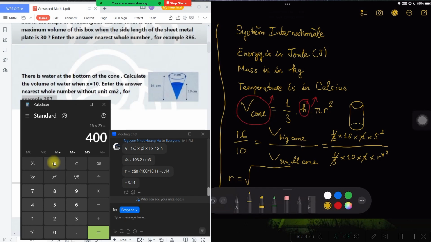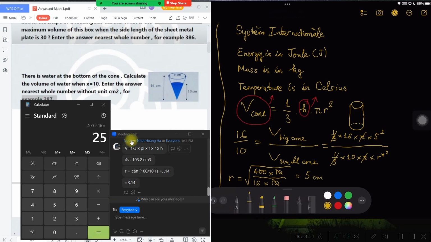And 400 moves to, ten moved here, 16 moved down, the number 16 drops down, the number 10 goes up, and then times another 10 here. Okay, so eliminate, so what we have, 400 divided by 16 is going to be 25, so square root of r is 5. Interesting. 5 cm.